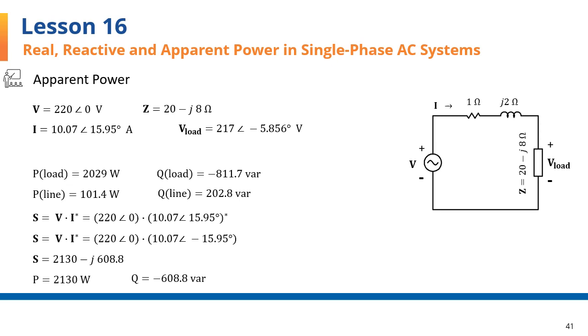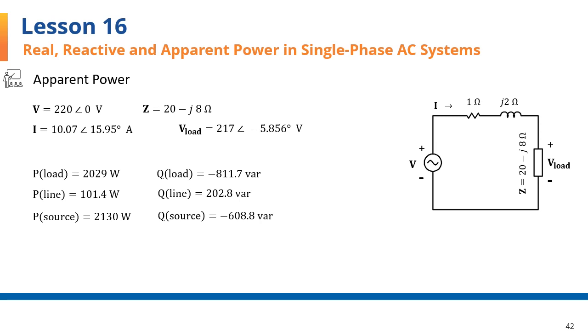On the other hand, negative power calculated for source means that source is absorbing that power, but a negative power calculated for load means that load is providing that power, such as the case in this example. Inductive loads and lines consume reactive power, and capacitive loads, such as the load in this example, provide or deliver reactive power.